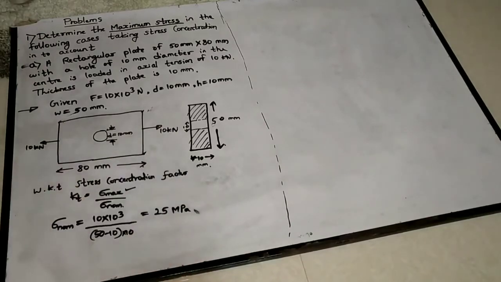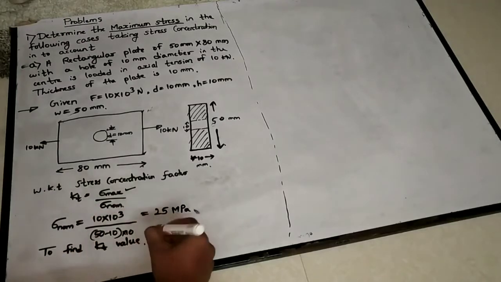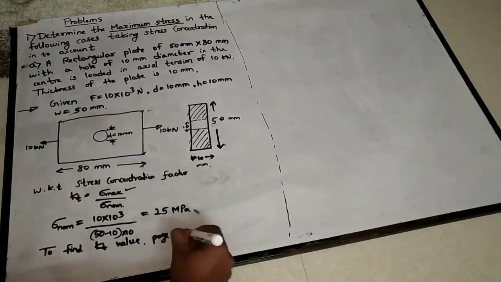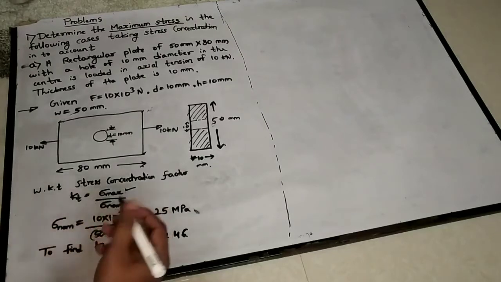Now you are supposed to find the Kt value, right? To find the Kt value, you are supposed to refer to page number 46 in the Design Data Handbook.